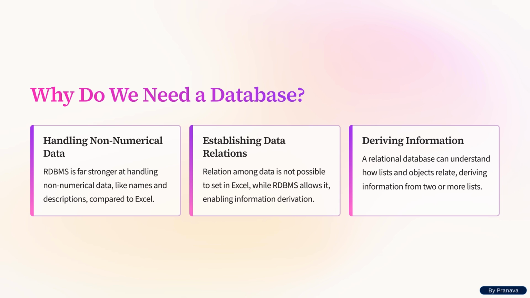The second point is establishing data relations. Relations among data are not possible set-to-set in Excel, while an RDBMS allows it, enabling information derivation. What this point says is that whenever we use a database, it does not simply store data, but it also creates connections, that is, relationships between different pieces of data.